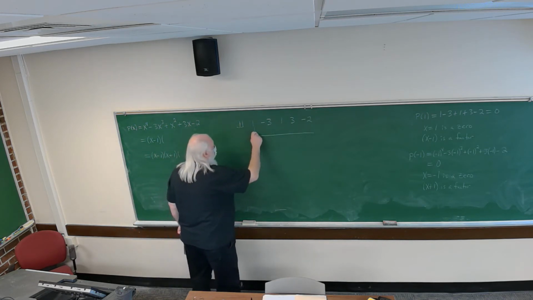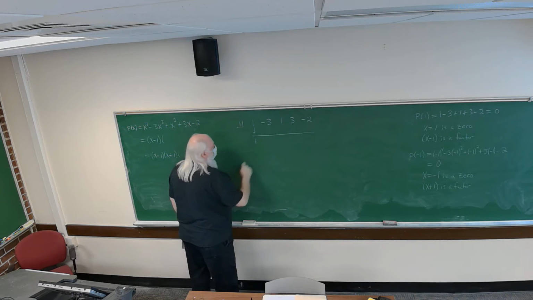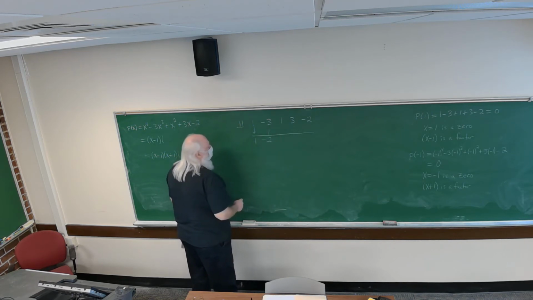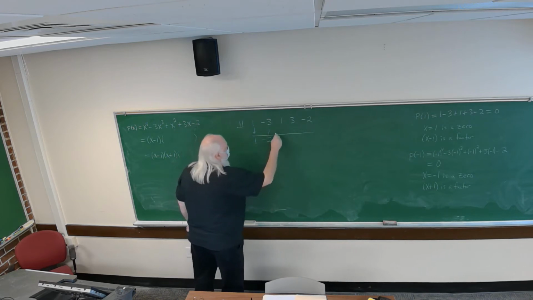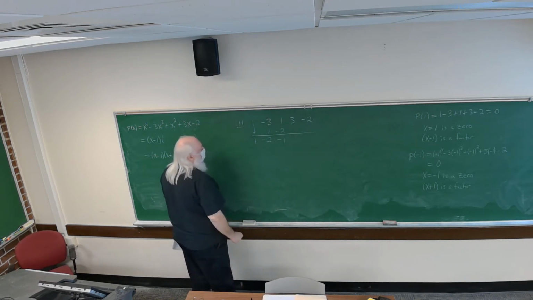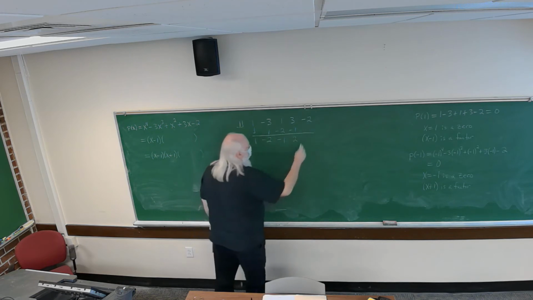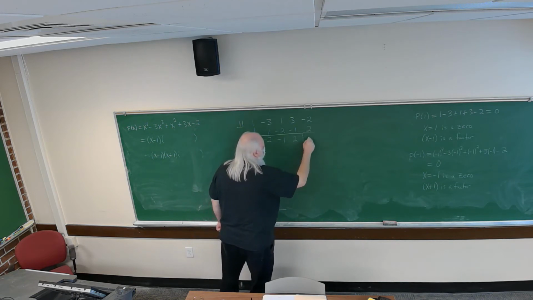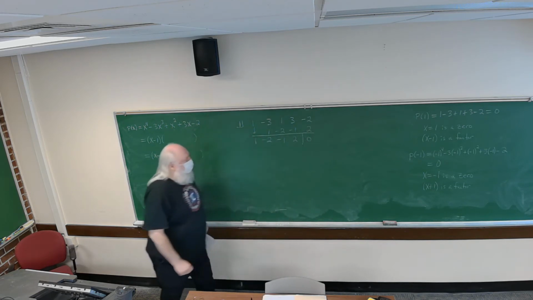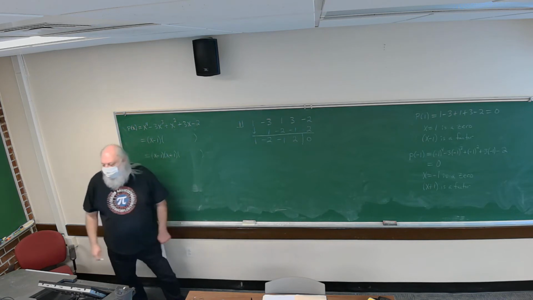Bring down the 1. Multiply by 1, you get 1. Add it to negative 3, you get negative 2. 1 times negative 2 is negative 2. Add it to 1, you get negative 1. Negative 1 times 1 is negative 1. Add it to 3, you get 2. And 1 times 2 is 2. And minus 2 plus 2 is 0, and that's the last number in the box.